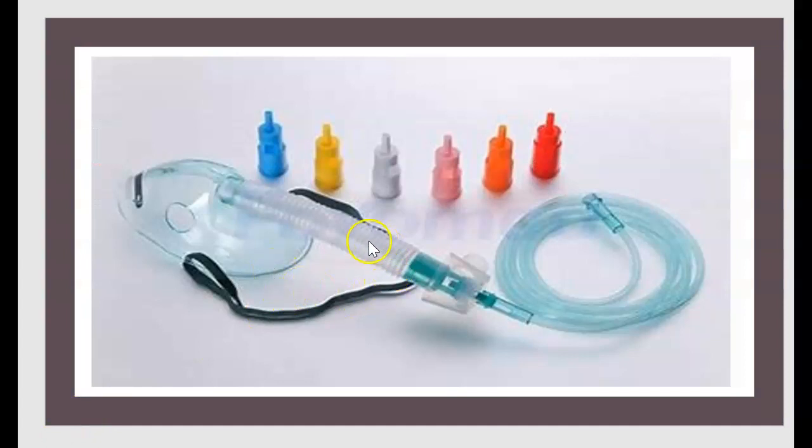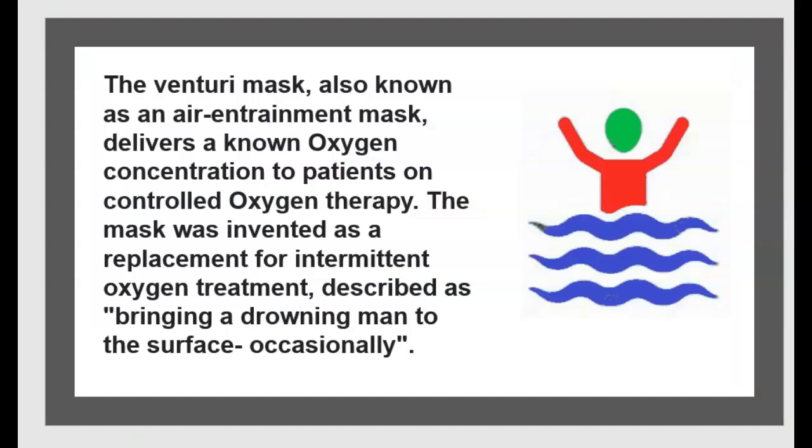Next is the venturi mask. The venturi mask, also known as air entrainment mask, delivers a known oxygen concentration to the patient for controlled oxygen therapy. The mask was invented as a replacement for intermittent oxygen treatment, which was described as bringing a drowning man to the surface occasionally.